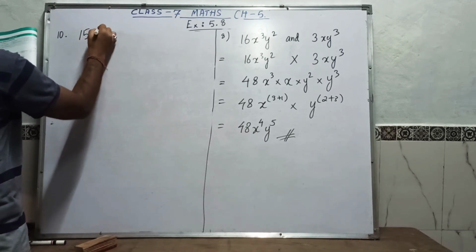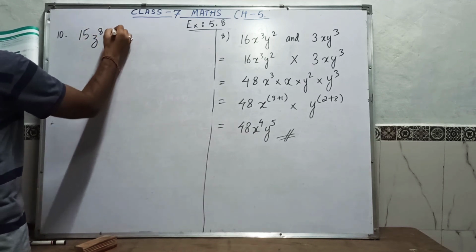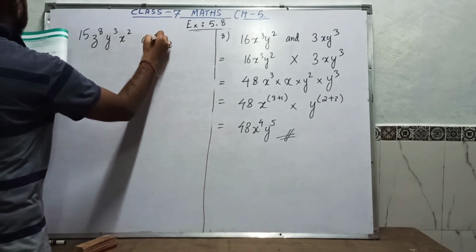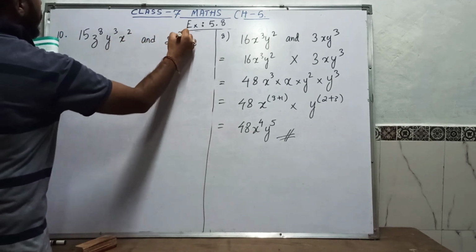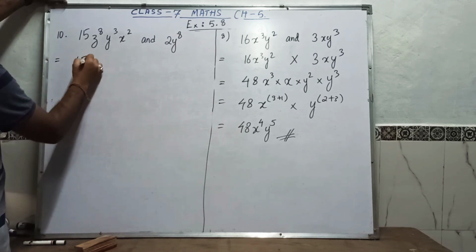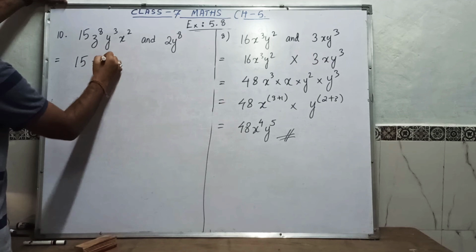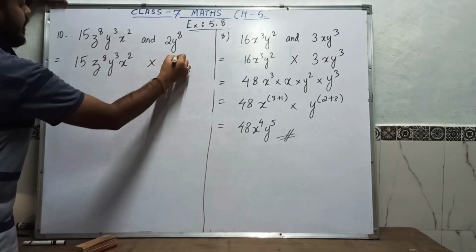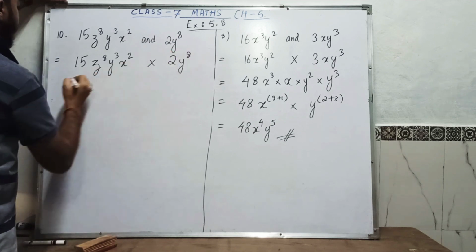Number 10. 15 z to the power 8 y to the power 3 x square and 2y to the power 8. Okay, so we will multiply this one. 15 z to the power 8 y cube x square multiplied by 2 y to the power 8.